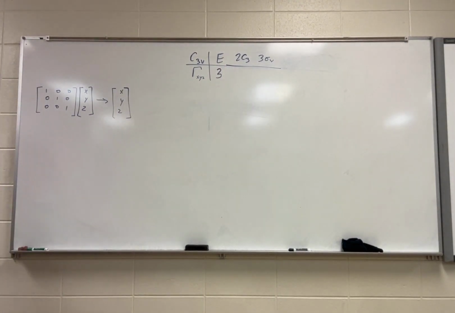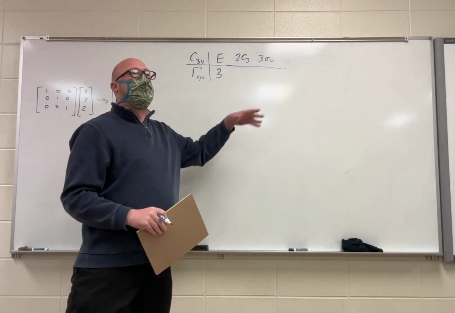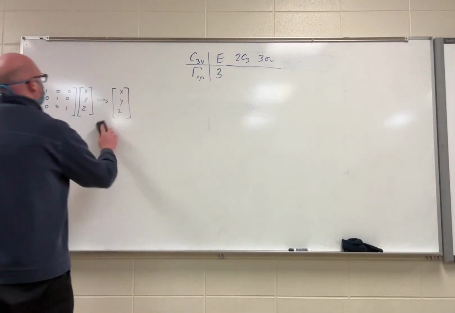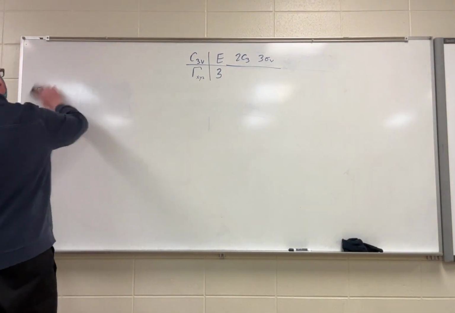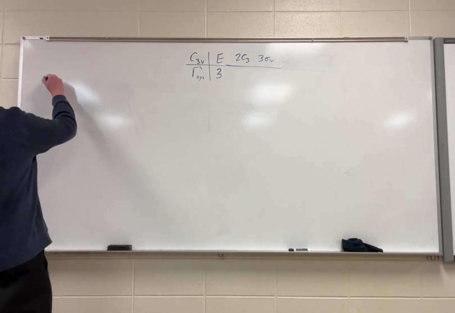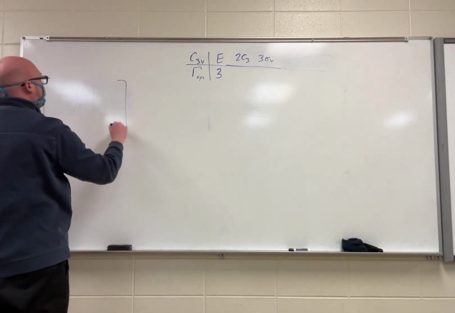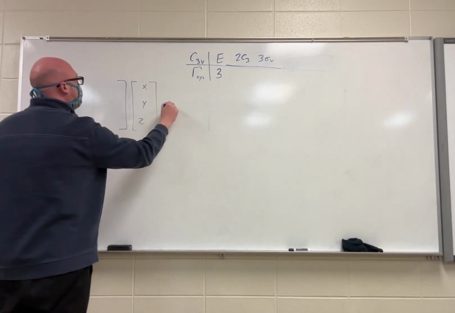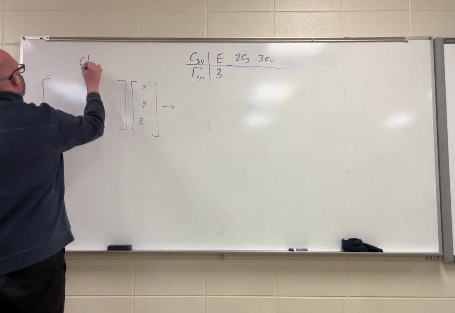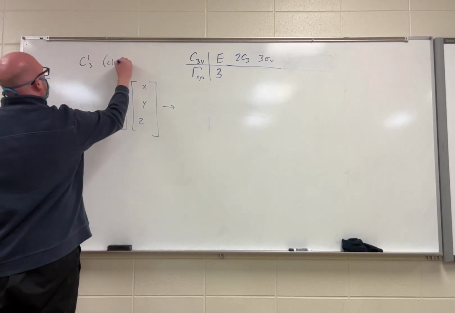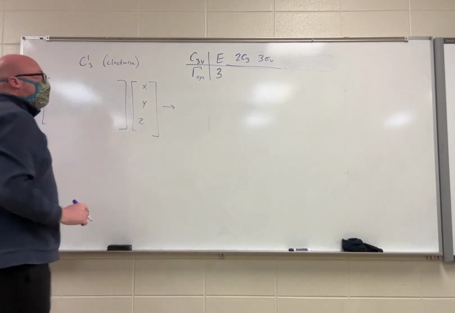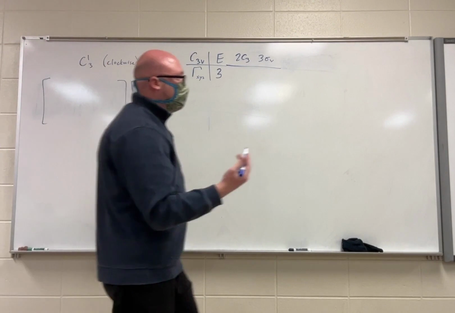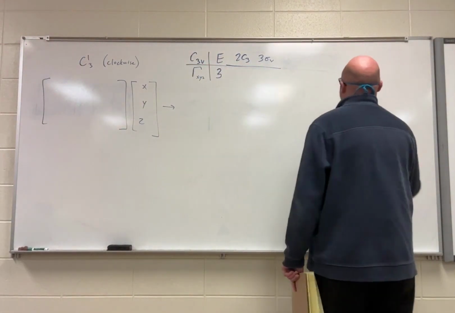Okay, so then we're immediately confronted with the C3 axis, which is a 120 degree rotation. So what happens? And we'll just say we're going to use a clockwise rotation. We want to set the C3 axis on the z axis in a Cartesian coordinate system, just out of convenience.